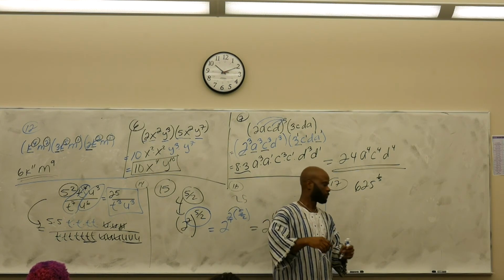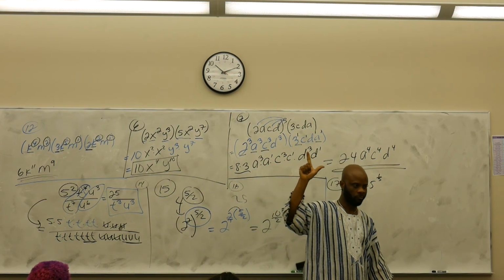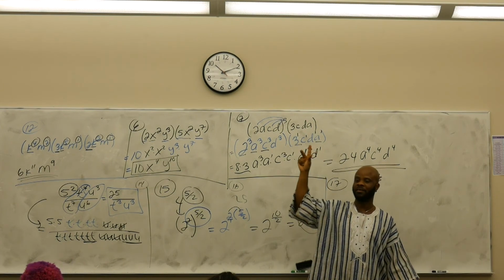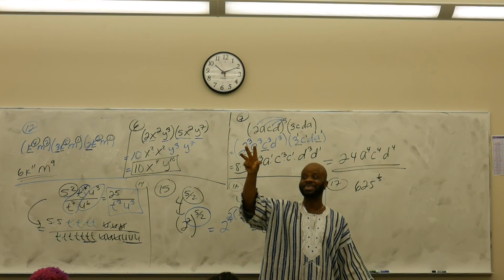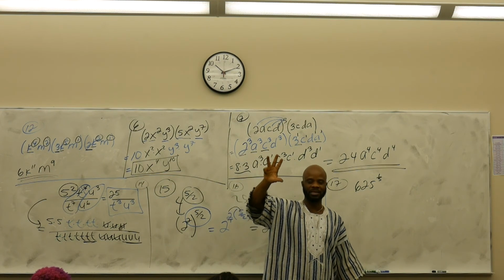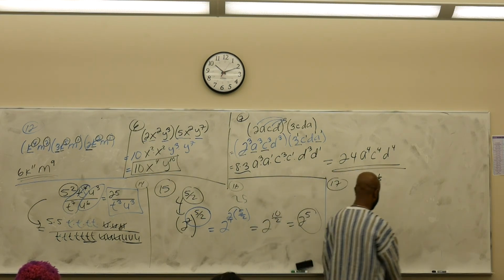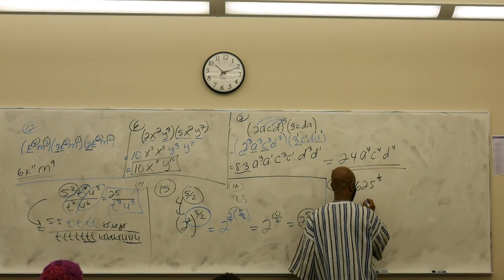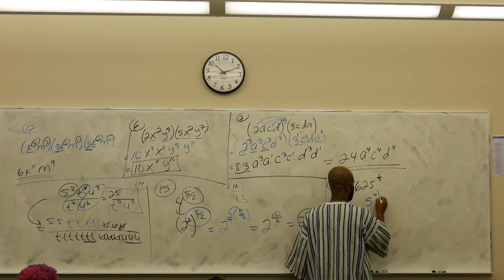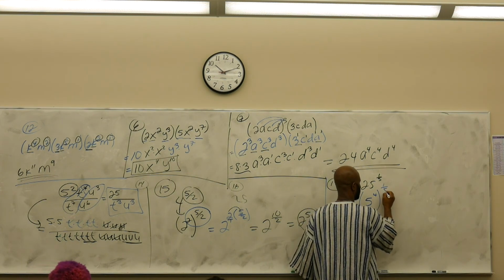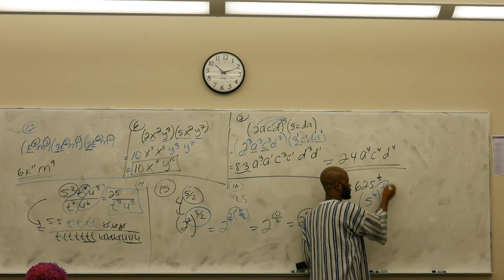So let's do that. 5 times 5, 25. 25 times 5, 125. 125 times 5, 625. So 5 times itself, how many times? 4. All right. So 5 to the 4th, to the 1/5, right? Because 5 to the 4th is 625. Now we got a power to a power.